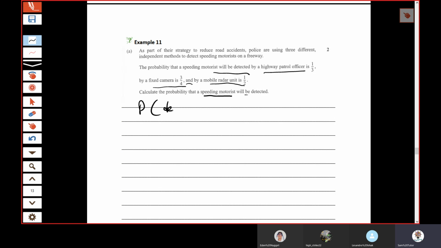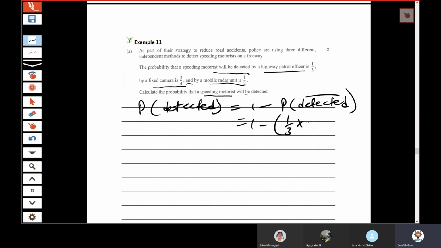Probability of getting detected equals 1 minus the probability of not detected, which equals 1 minus 1/3 times 3/4 times 1/2. Sorry, 2/3 times 1/4 times 1/2.